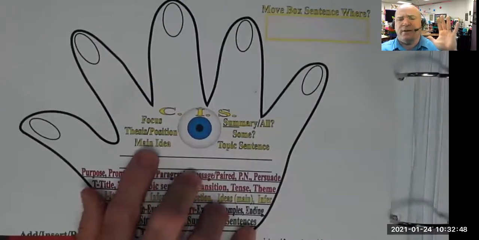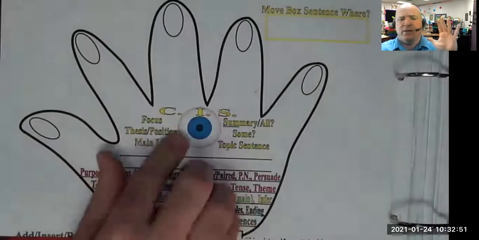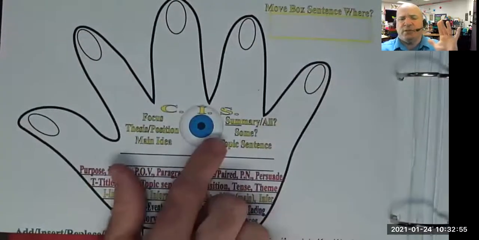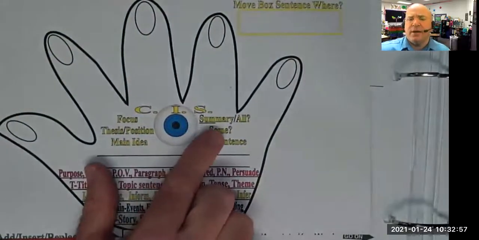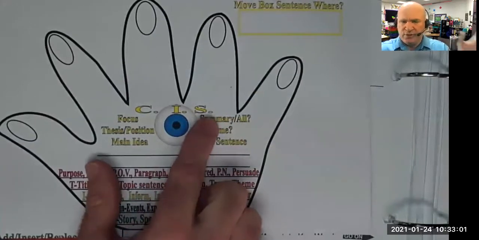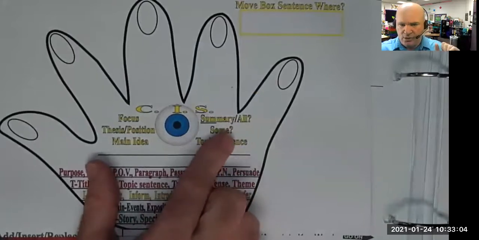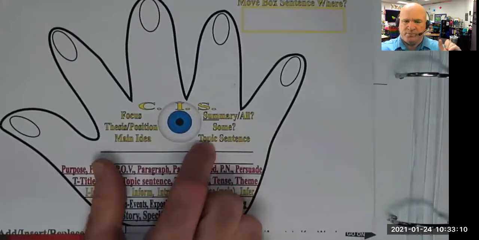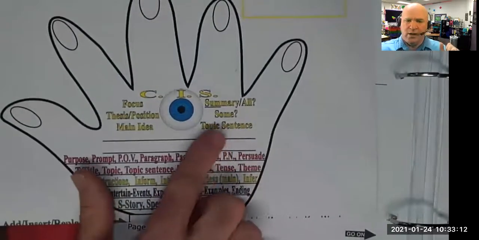We said, is it about a main idea of a paragraph? Is it a main idea? Is it mostly about a certain section? Is it a summary of all of the passage, the introduction, the body, and the conclusion? Or is it some of the passage? Is it one section?